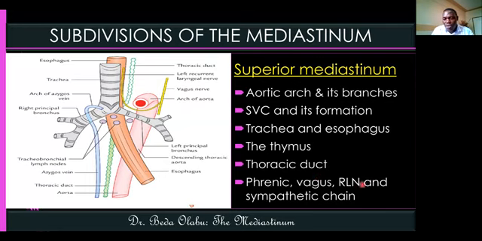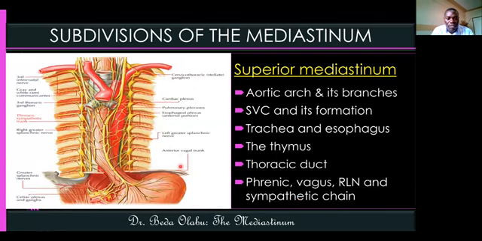We can ignore that one. The recurrent laryngeal nerve is a branch of vagus nerve. It goes to the larynx. Then you have the sympathetic chain. The sympathetic chain, as the name suggests, is a chain of the sympathetic nerves that go to different parts of the body. This is the sympathetic chain. This is the vagus nerve. So all those structures are within the superior mediastinum.